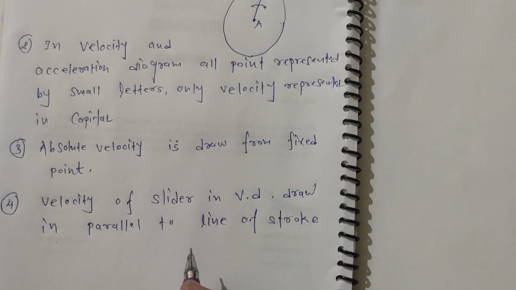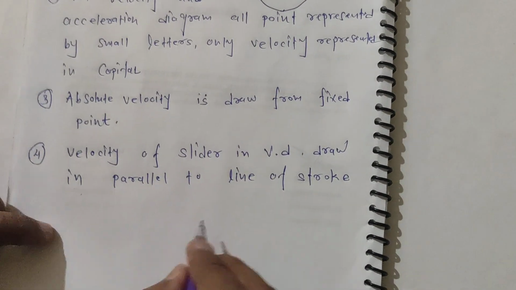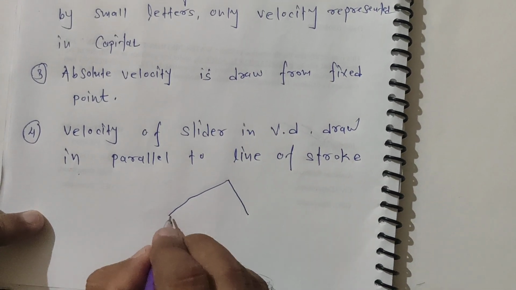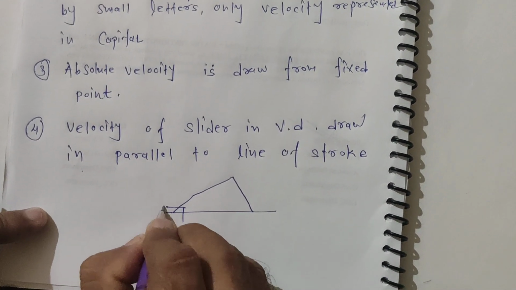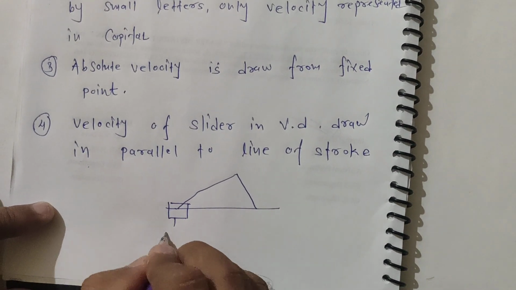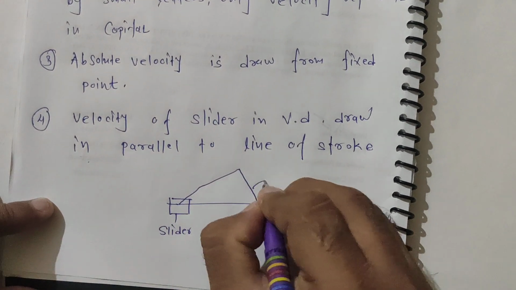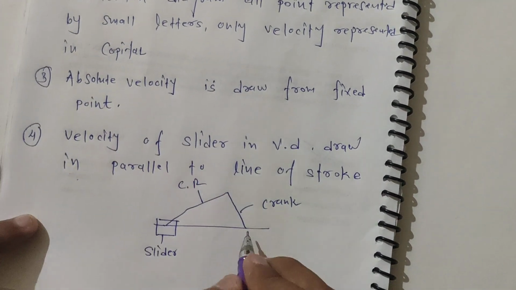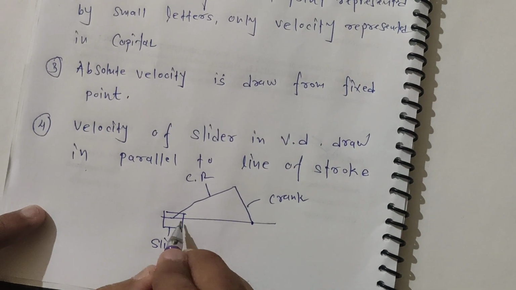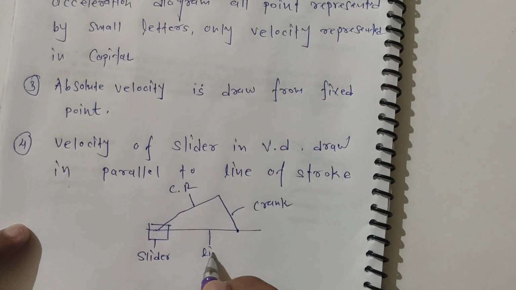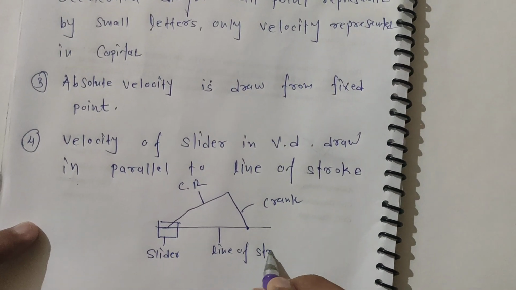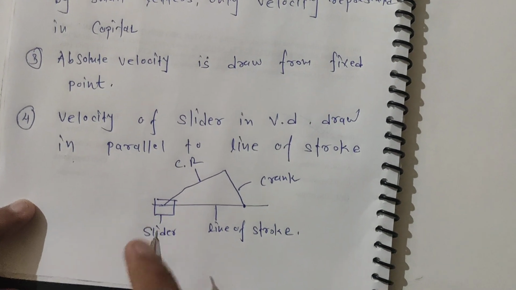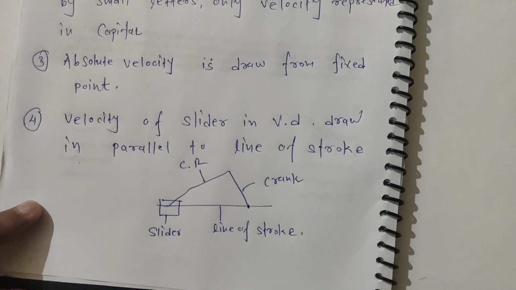Line of stroke, it is nothing but, we can say this is one diagram. This is a slider, this is a crank, this is a connecting rod, and this is a fixed point. So this line is the line of stroke. When we have to draw the velocity of the slider, it is parallel to this line. It is parallel to this line.